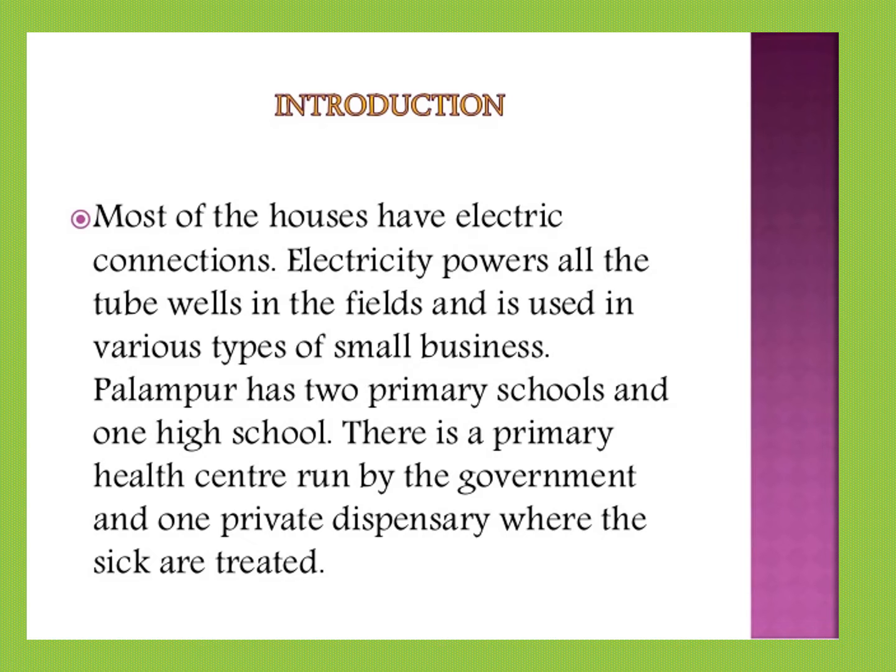So you have electricity, that's 1 point. You have tube wells, you have schools, 2 primary, 1 high school, and a primary healthcare center run by the government, and you have a private dispensary.